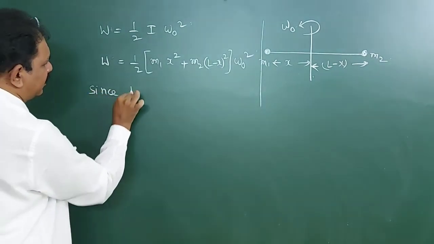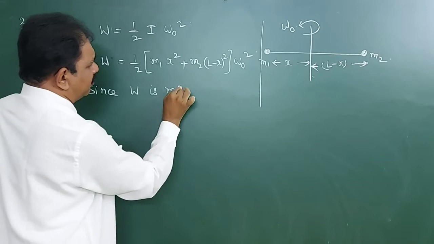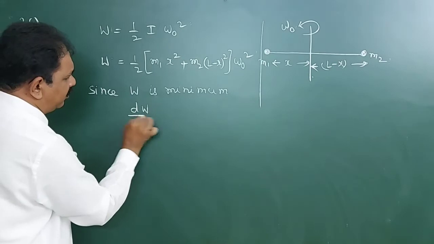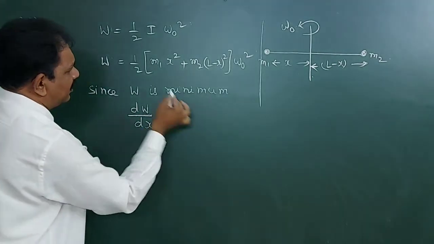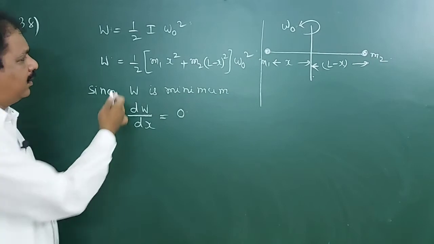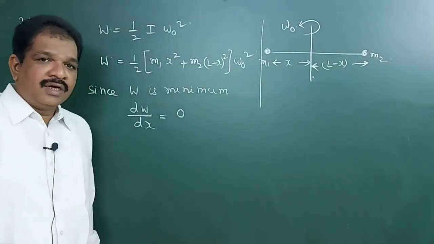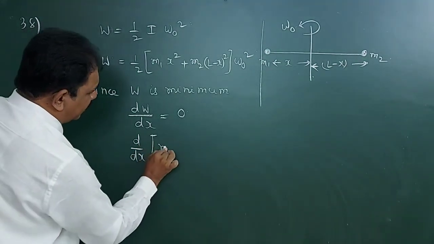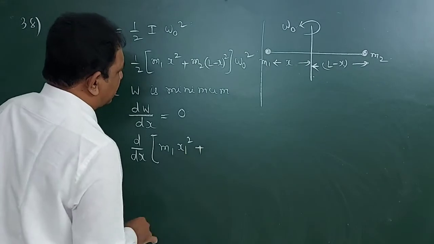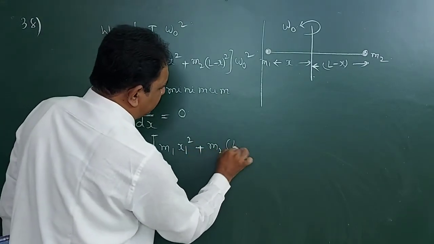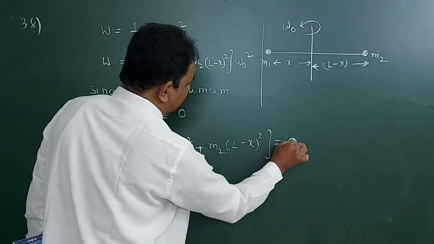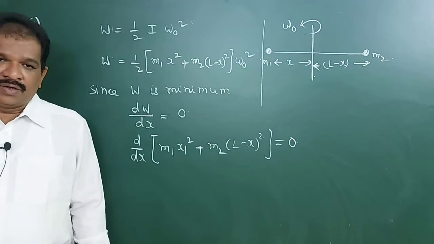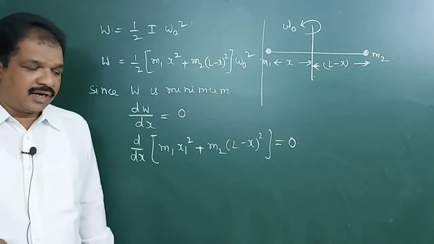Since W is minimum, dW by dx is equal to 0. 1 by 2 constant, omega naught square constant. So d by dx of m1 x square plus m2 into L minus x whole square is equal to 0, because 1 by 2 omega naught square no need to consider, they are constants.